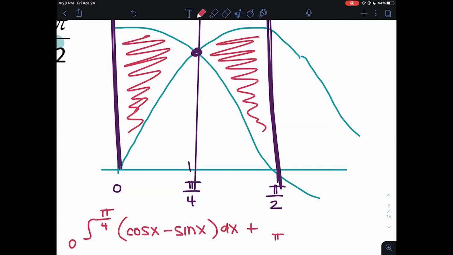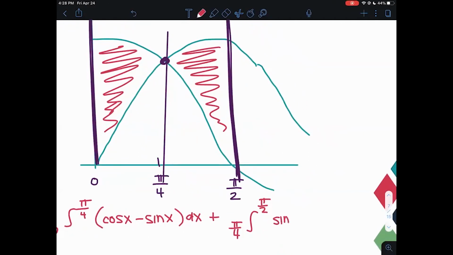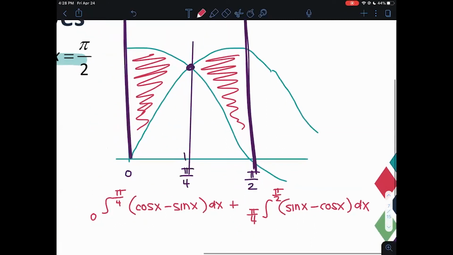And then I want pi over 4 to pi over 2. In this case, I want to integrate sine of x minus cosine of x. And from there, that's straightforward integration. That's a calculator problem, or just brute force, go through it. It's the setup that we want to be really concerned about here.